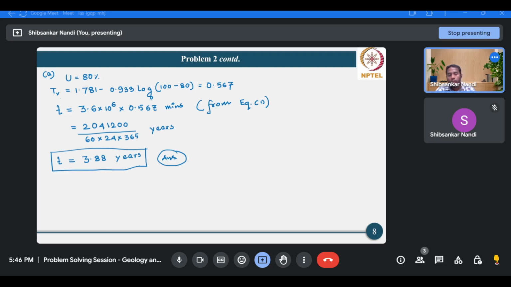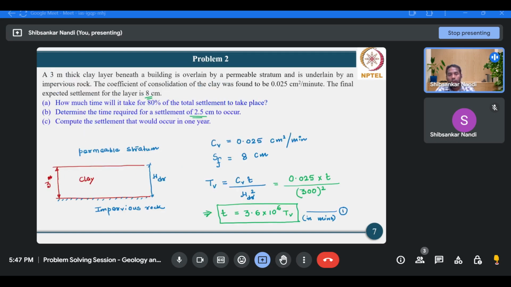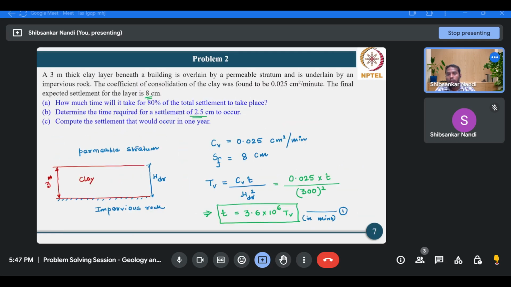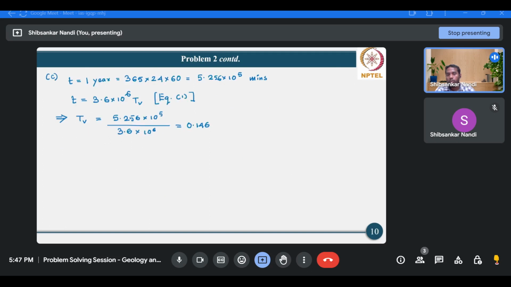We know from the earlier problem that the TV value is 0.197 for a degree of consolidation of 50%. So obviously for a TV value of 0.146, the degree of consolidation should be less than 50%. It's on the lower side. So we'll use this equation.